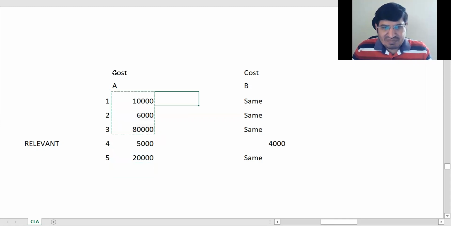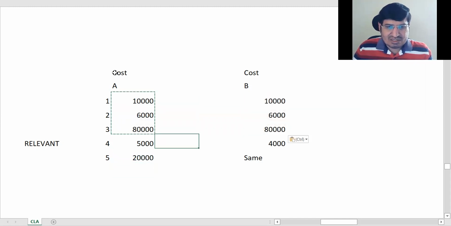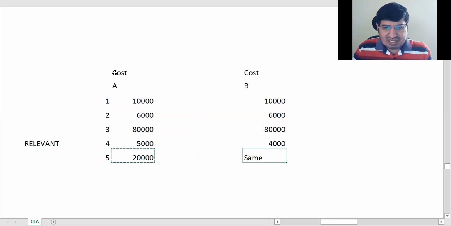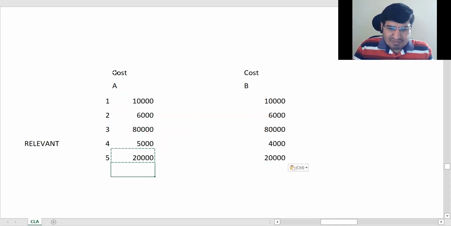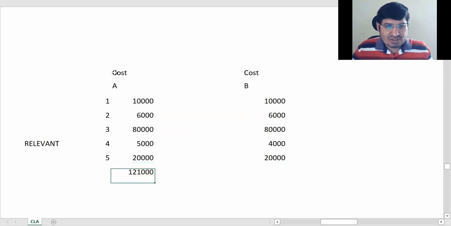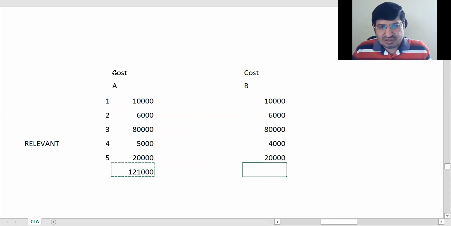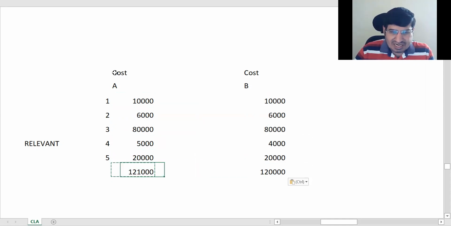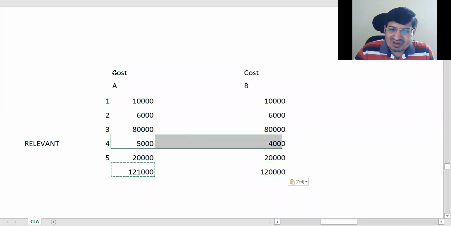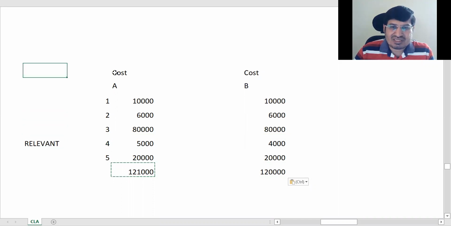Now this will be same here also. अगर अभी हम if we do the total, okay, see the net difference is 1,000. This is 1,000 more than this. Okay, so that this is 1,000 less we got to know by seeing this only, isn't it? So that is called as relevant cost.